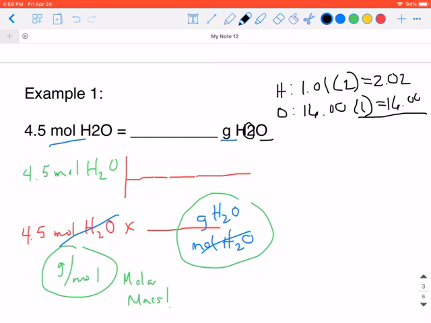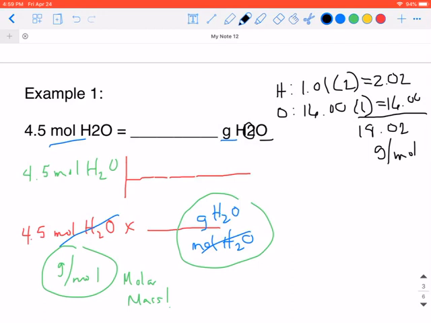So now when I add this up, I get 18.02 grams per mole. Grams per mole. So when I plug this number in, am I going to put the 18.02 with the grams, or am I going to put the 18.02 with the moles?